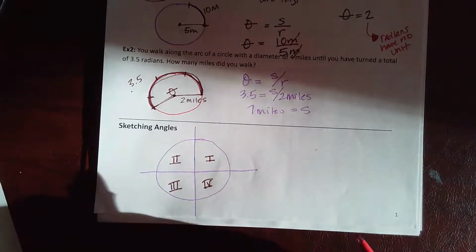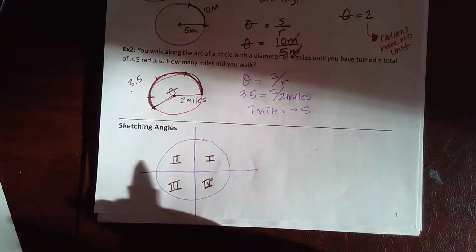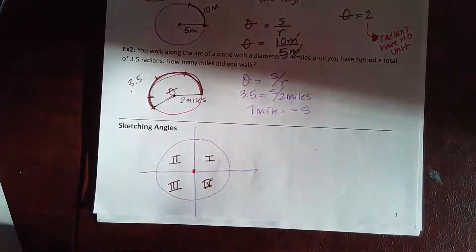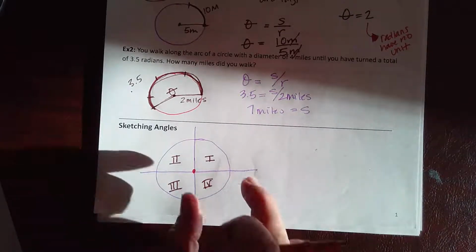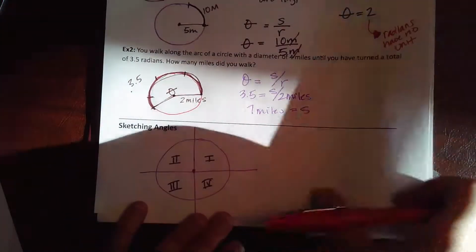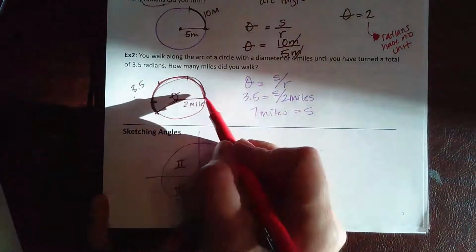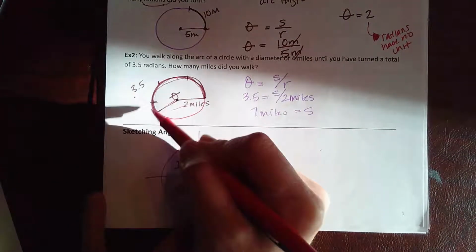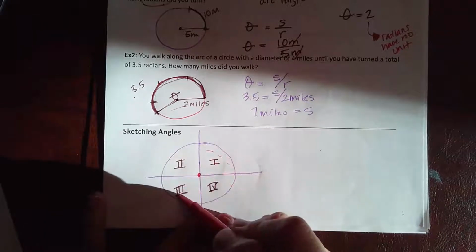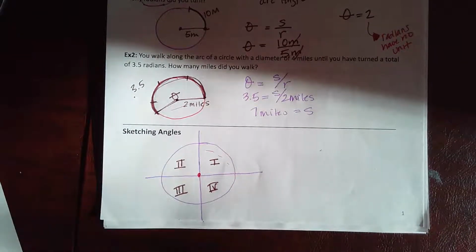So what I want us to understand is, again, all circles are kind of the same. We talked about the number of radians in a circle. Whether it's a teeny tiny circle or a giant circle, they all have the same number of radians around. So you just take the radius and measure. So if you go back up to this example where we talked about 3.5 radians, when we measured it, if I would start here, it would be somewhere in quadrant 3 where I landed.